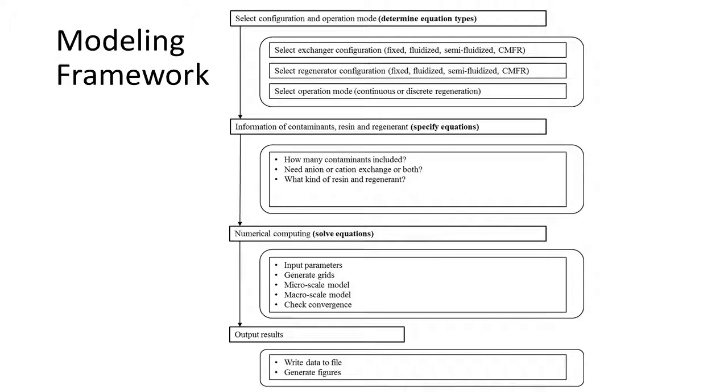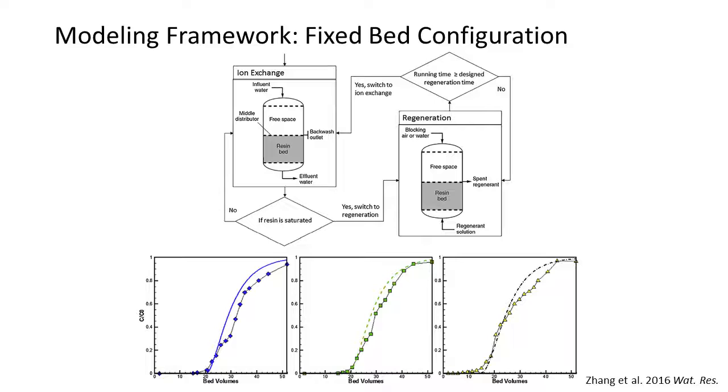Here I'll give two examples. The first example is fixed bed operation for the actual contaminant removal, and then fixed bed regeneration. This is work that one of Jane's students did. What's lacking in a lot of the ion exchange process modeling literature is a way to handle the regeneration efficiency.